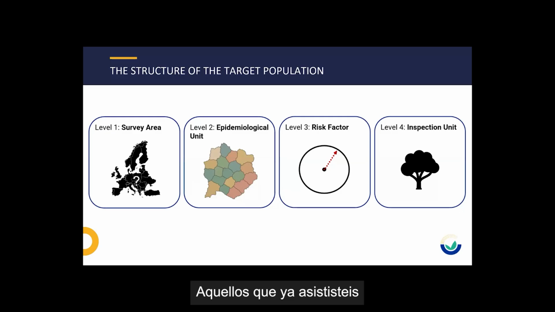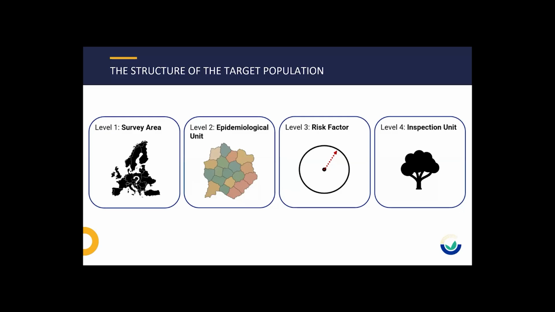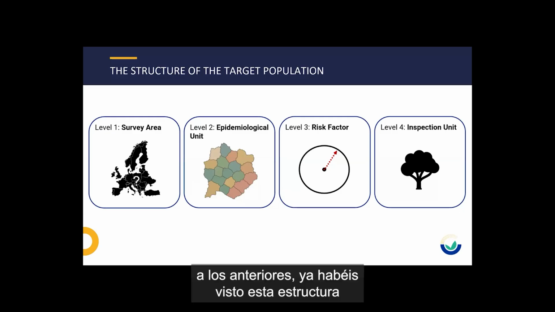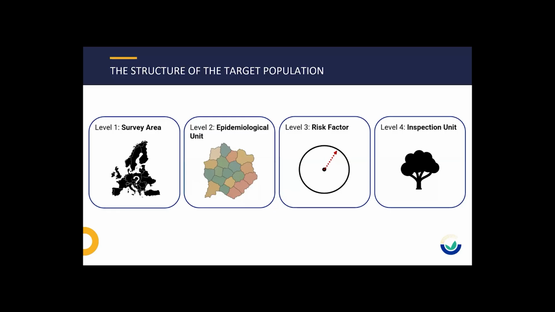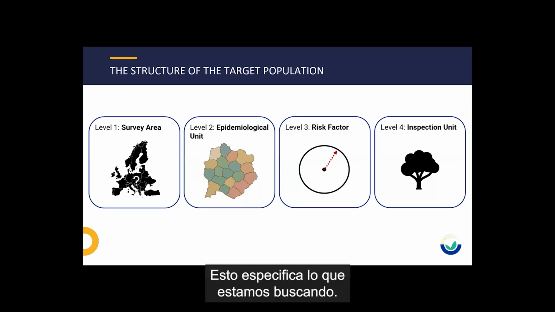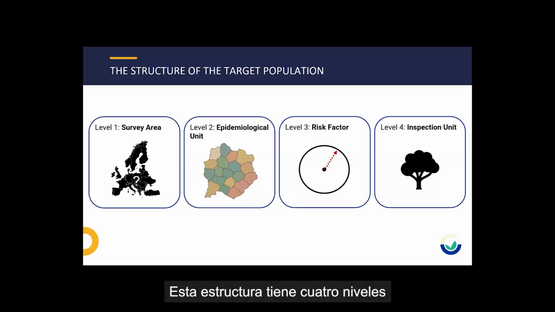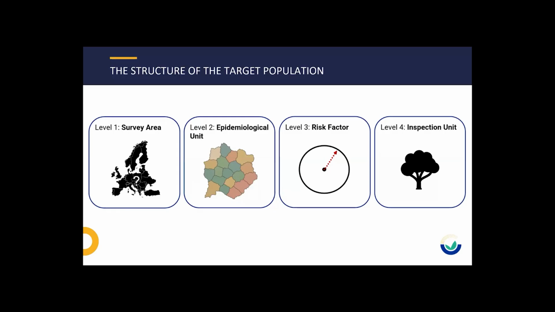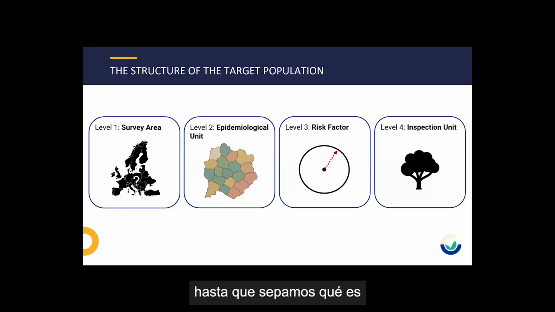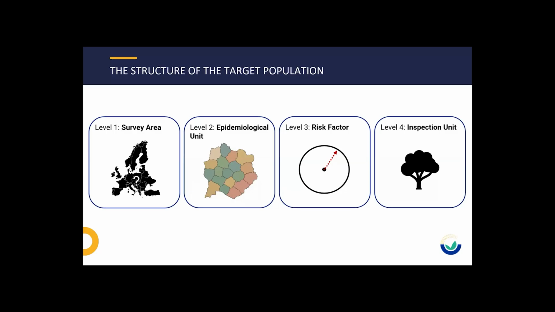Those that have visited other webinars already have seen this structuring of the target population that we have to do first, so that it's specified what we actually are looking for. This structure has 4 levels that become more and more atomic until we know what the inspection unit is, that in the survey will be the individual to address.